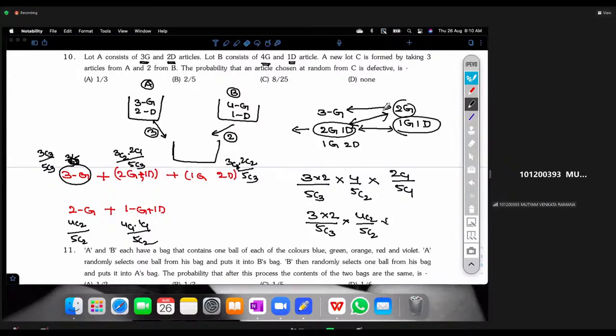At that time, only 1 defective out of 5, 1 by 5. Similarly, this into this and this one into this one. You write down all possible cases and you are going to get the answer.